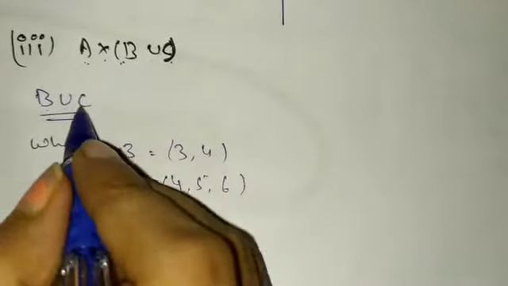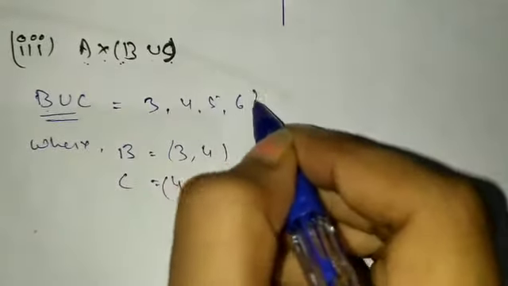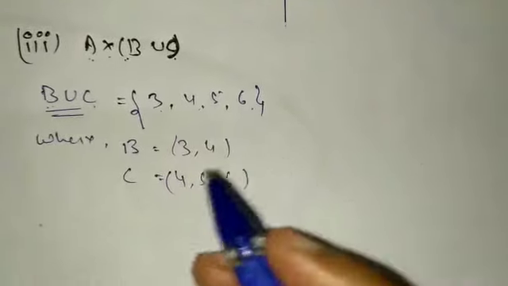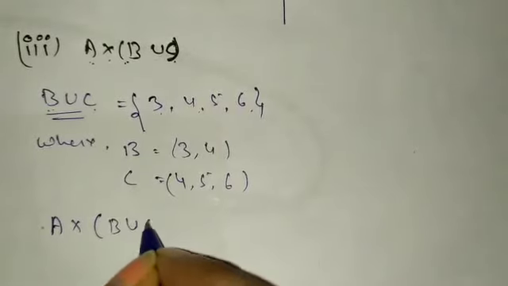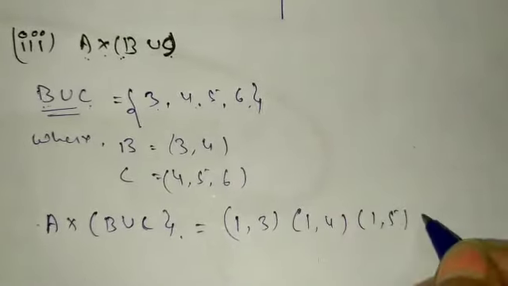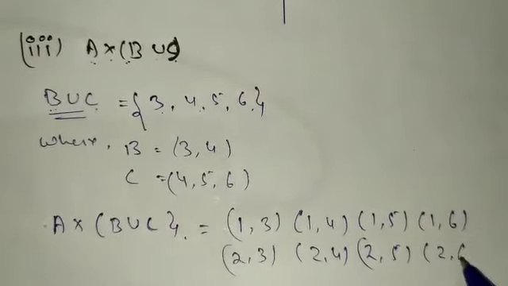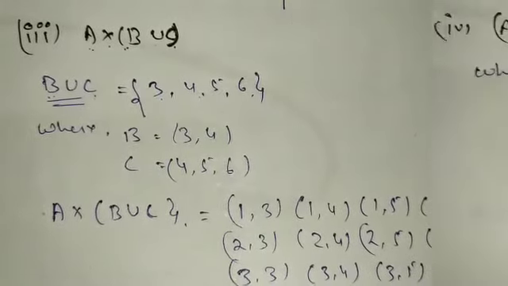Therefore, set B union C equals {3, 4, 5, 6}, which means set B union C includes elements 3, 4, 5, 6, and therefore set A multiplied by B union C will equal (1, 3), (1, 4), (1, 5), (1, 6), (2, 3), (2, 4), (2, 5), (2, 6), (3, 3), (3, 4), (3, 5), (3, 6).